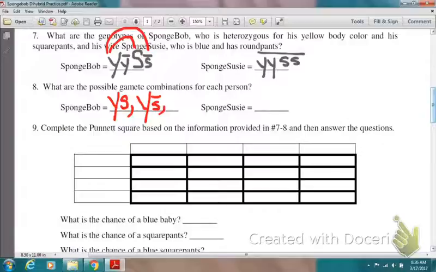Or he could give the little y, big S. Or it gives a little y, little s.